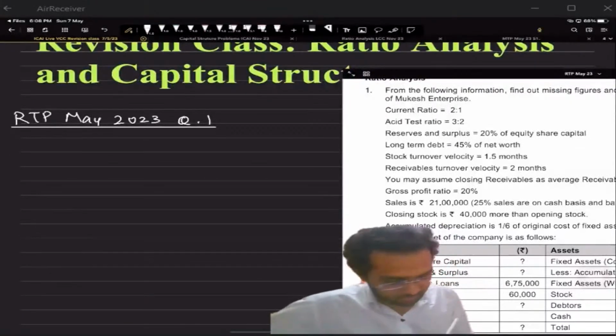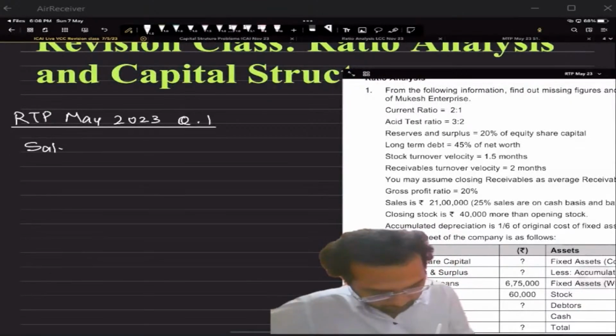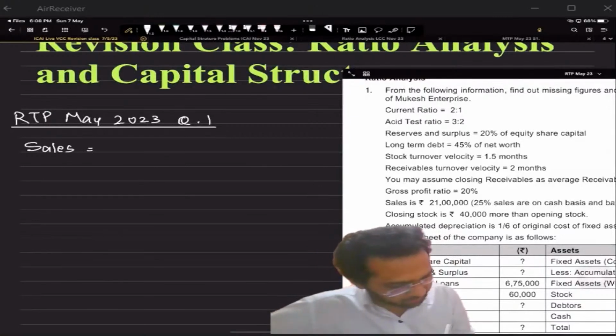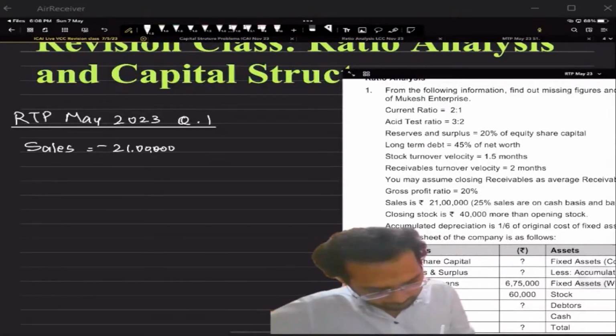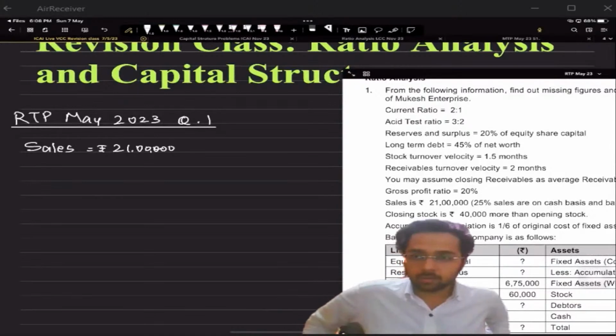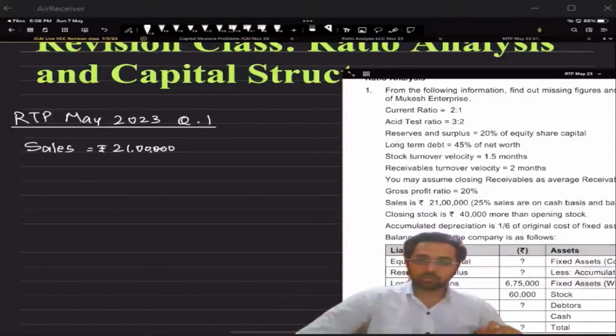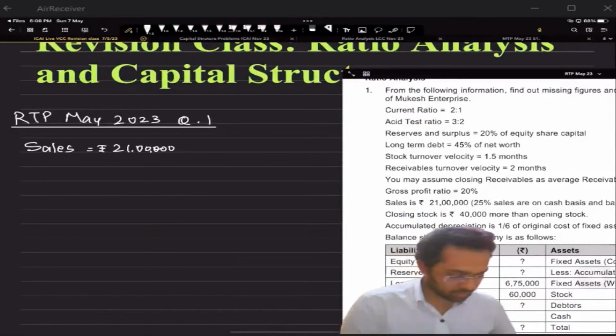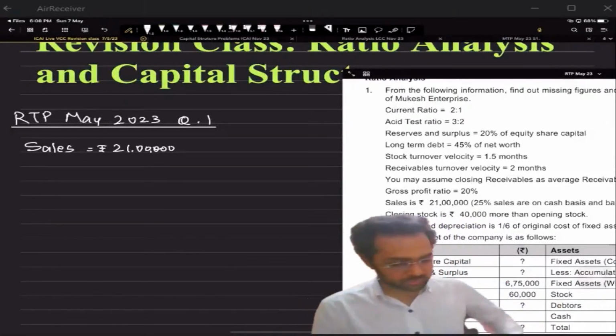Let's look at the sales figure. Sales is given to us to be 21 lakh. Now this sales figure is also going to give me the COGS figure.